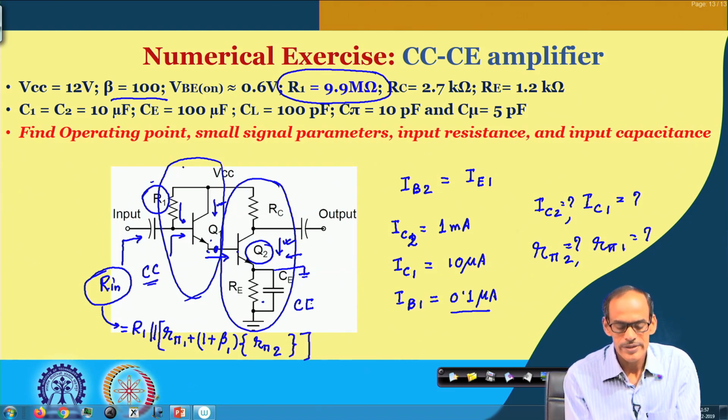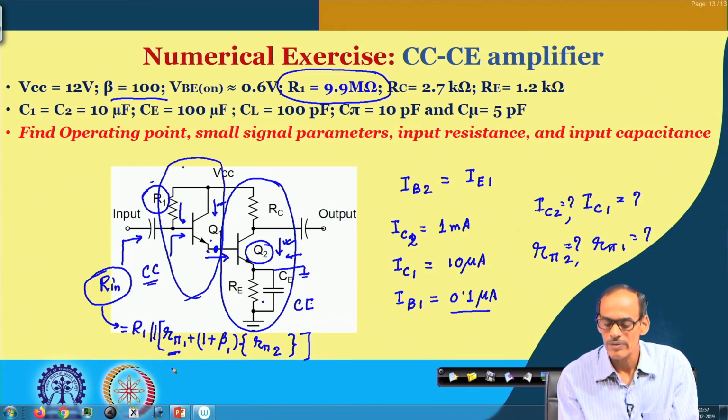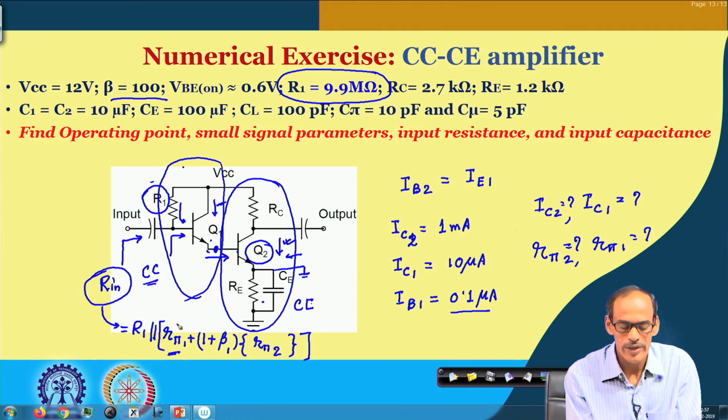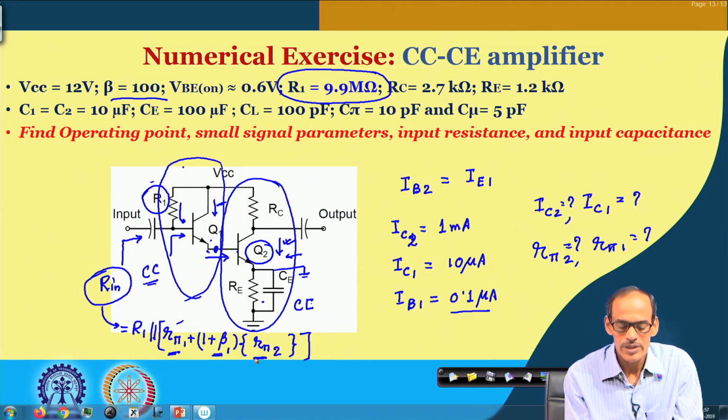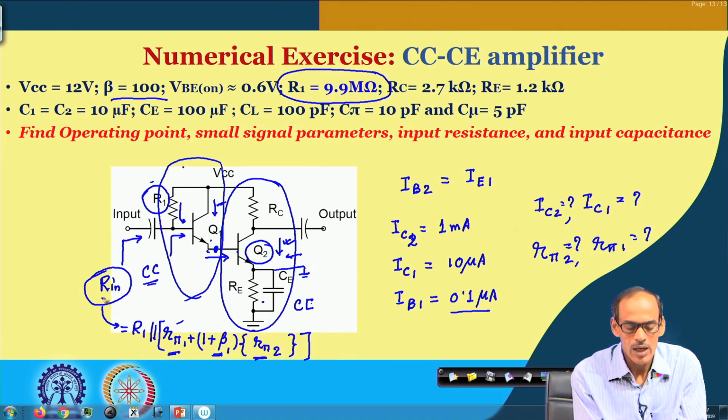So, you can see that R pi 1, since its current level is quite small, will be quite high, and even though R pi 2 may not have so high a value, since it is getting multiplied by beta 1, the corresponding value of this resistance will also be quite high. As a result, this R in 1 may be in the order of mega ohms.